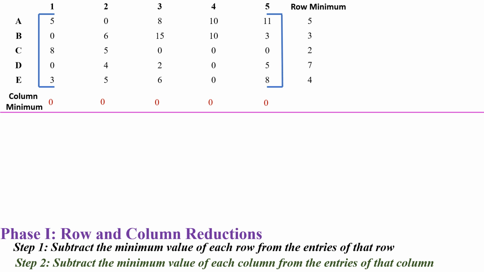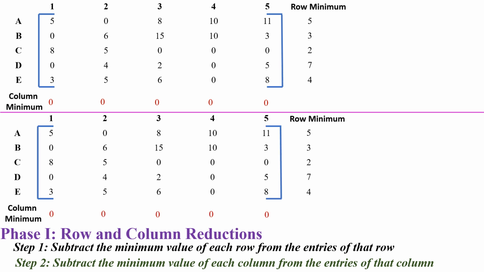In the fourth column, minimum value is 0. Similarly, in the fifth column also, minimum value is 0. Here, all columns have minimum value 0. Then we subtract 0 from all the entries of the columns, and we get the same matrix. So this is the matrix after the row and column reductions.